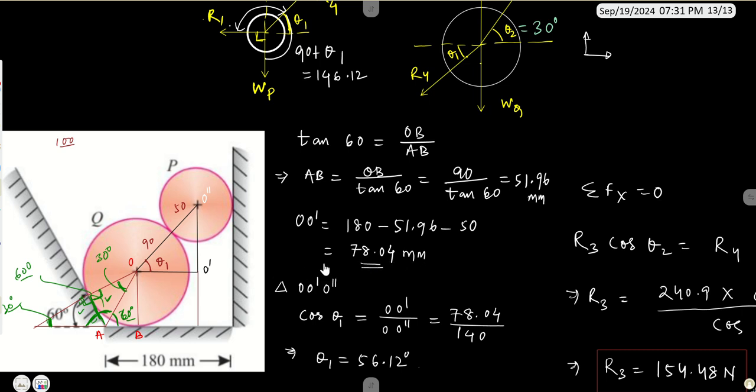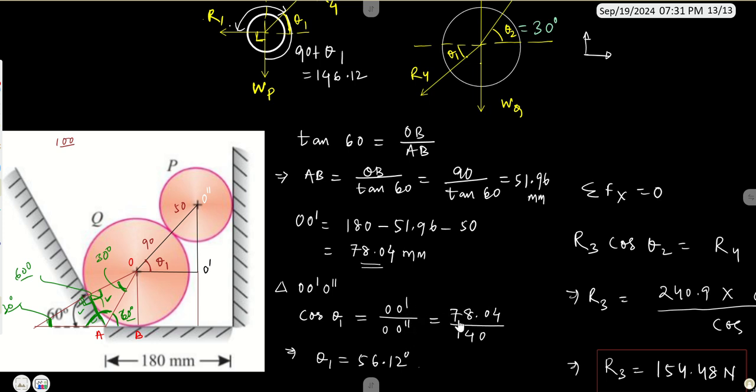Right? Now let us use all these data in this particular triangle, that is O prime, O double prime. So if we take cosine of theta 1, in that case we'll be finding that as base by hypotenuse, that is O prime divided by O double prime, right? So these two values are known to us.